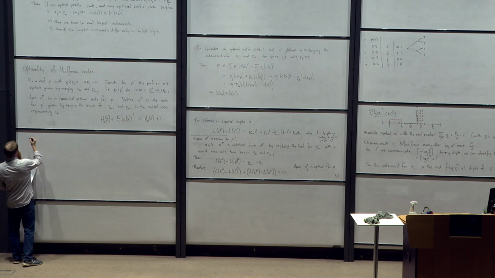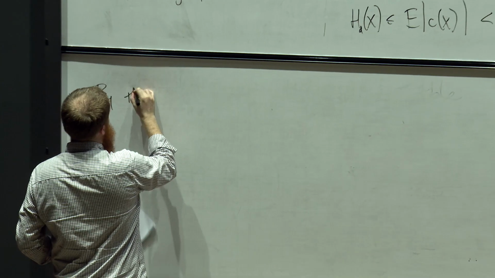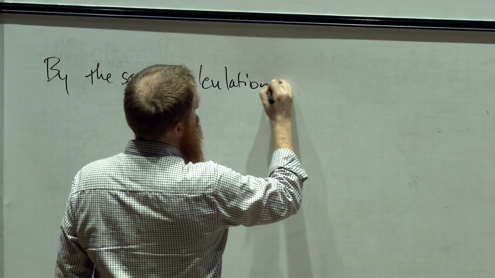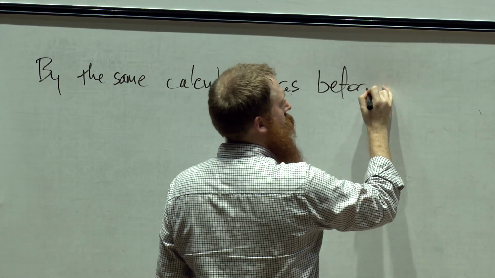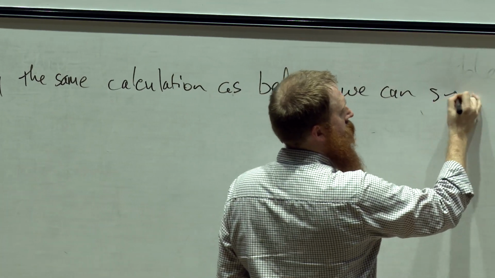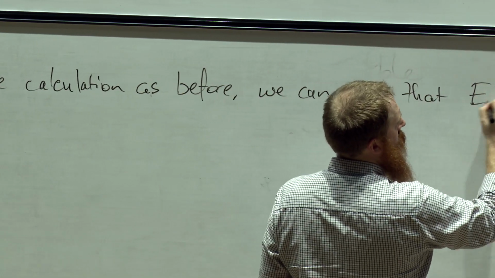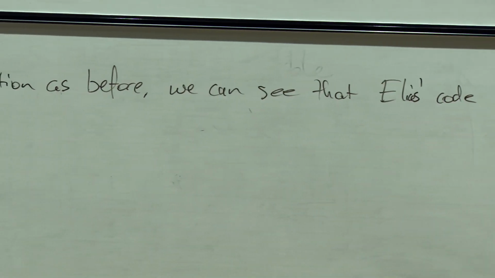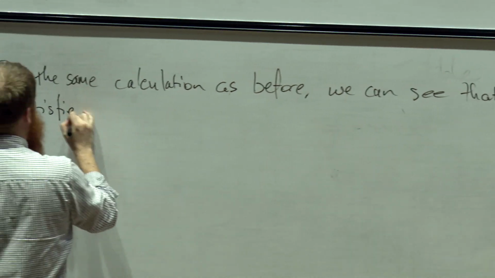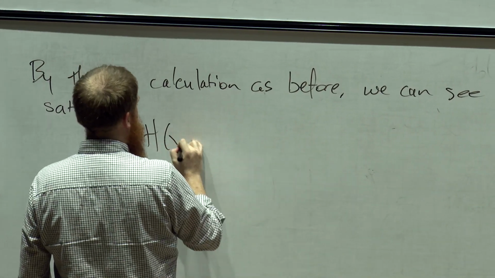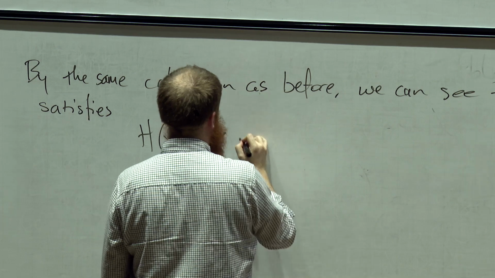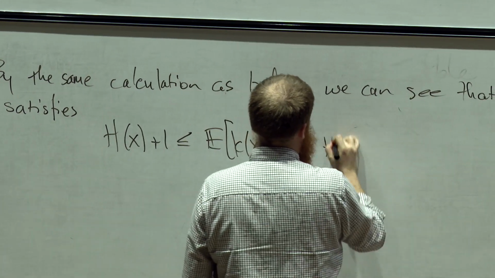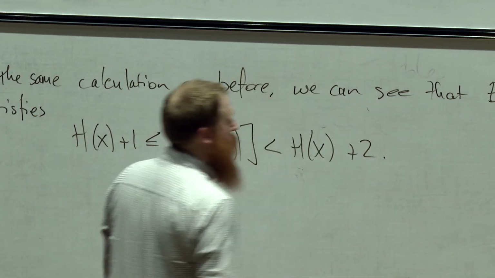So by the same calculation as before, you can see that Elias's code satisfies h of x plus 1 is less than or equal to the expected code word length is less than h of x plus 2.